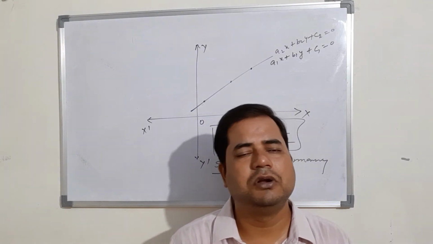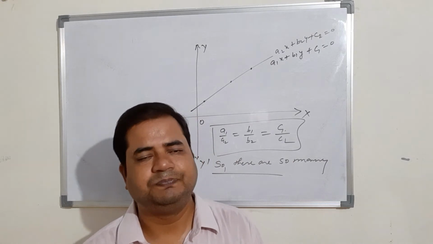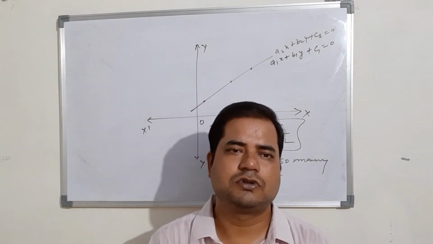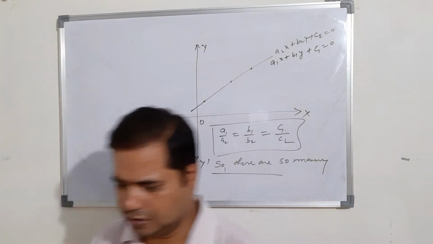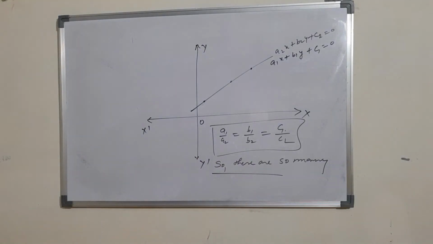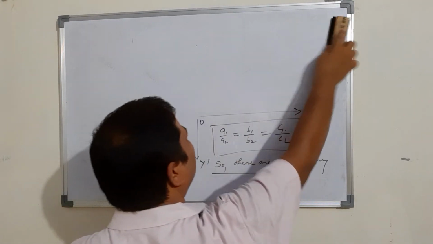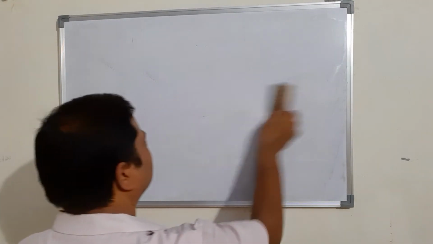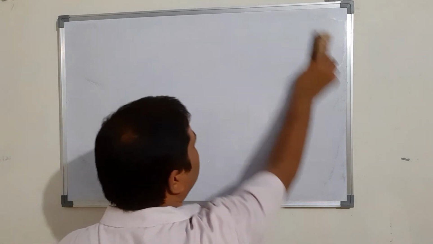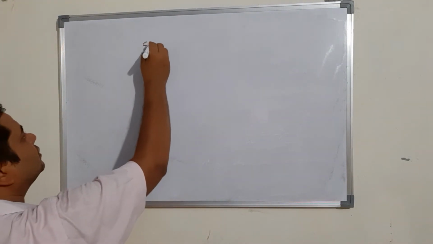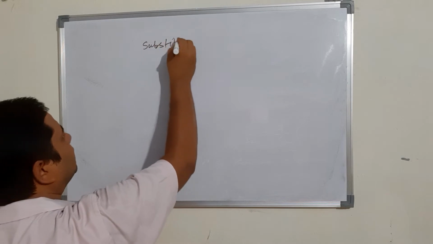So now we are going to start the algebraic method to solve pair of linear equation. The first algebraic method is substitution method.